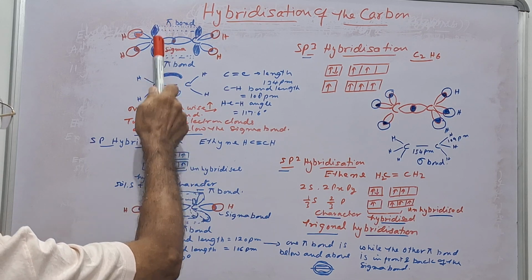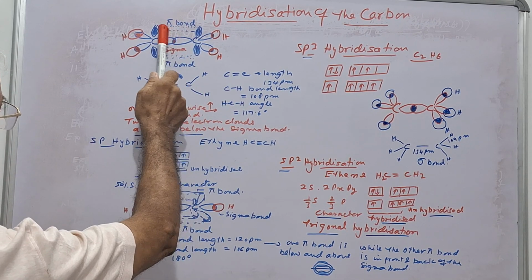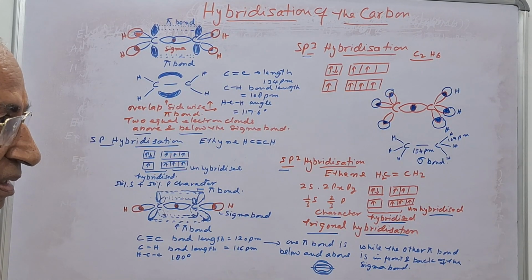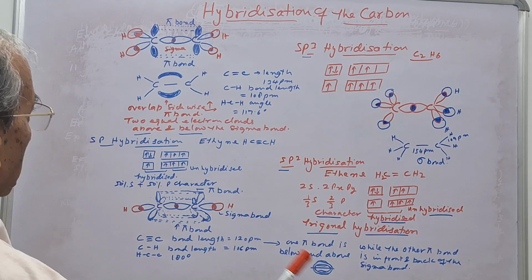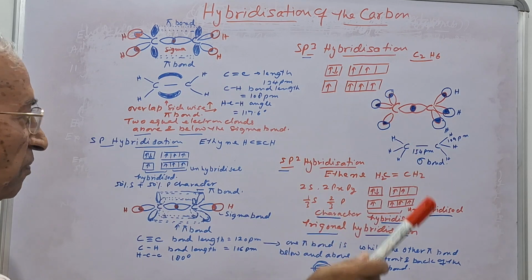This unhybridized orbital of both the carbon atoms, their lobes overlap laterally, that is sidewise. In my last video, I explained the pi bond where the overlapping takes place laterally or sidewise.